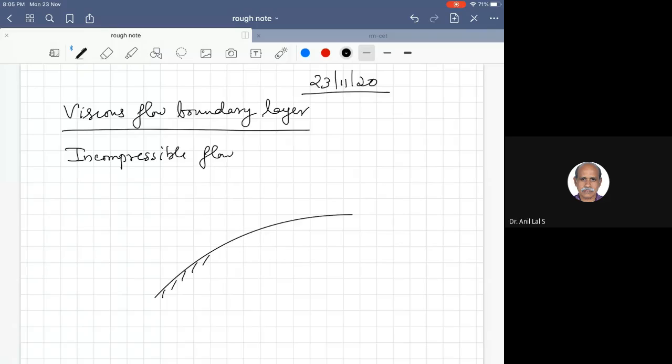And you know that when fluid is flowing over a solid surface, consider a uniform flow approaching a solid body like this, with some free-stream velocity, some u infinity.